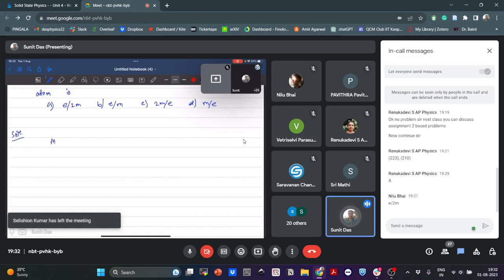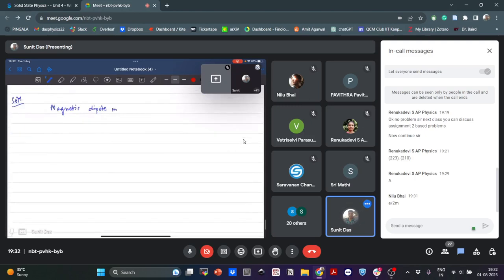So the formula for magnetic dipole moment is current in the loop times area. Let's say I have a circular current loop. In this case, the current will be in the hydrogen atom. There is a single electron around the nucleus. So the current is electronic charge by the time period for the first orbit itself.